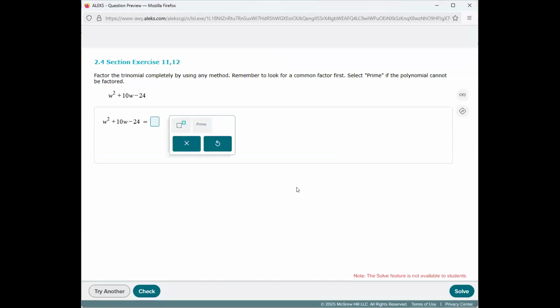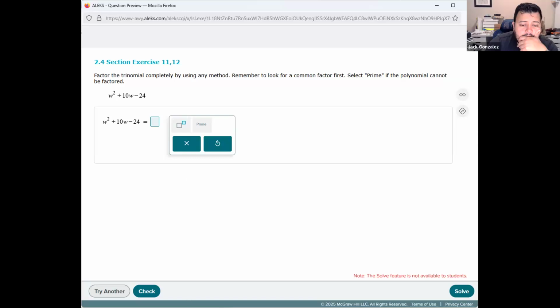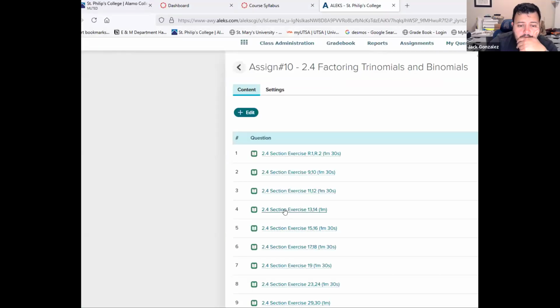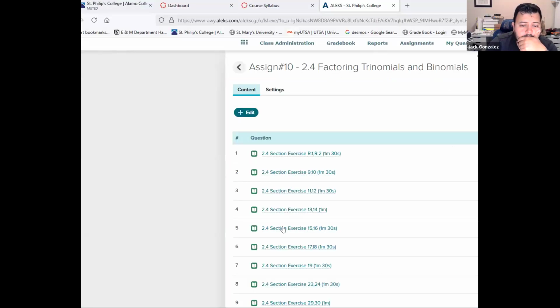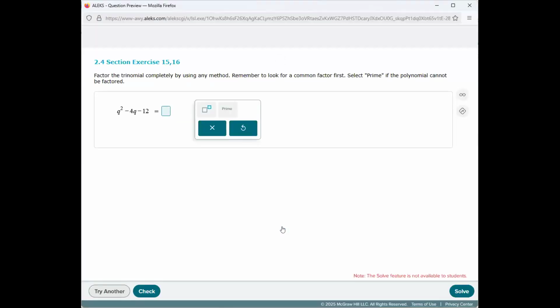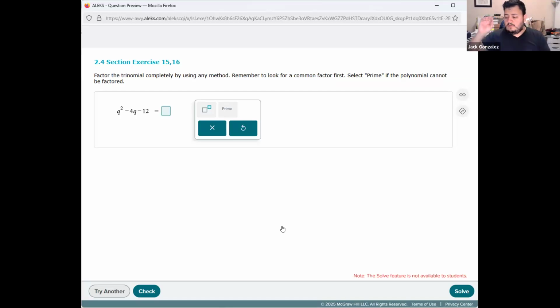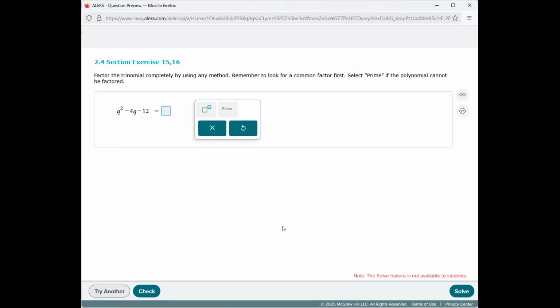Same type of deal. So let's move on to something else. Number 4. Let's try this one. Do one more of these and we'll move on to something else. Another trial and error type.